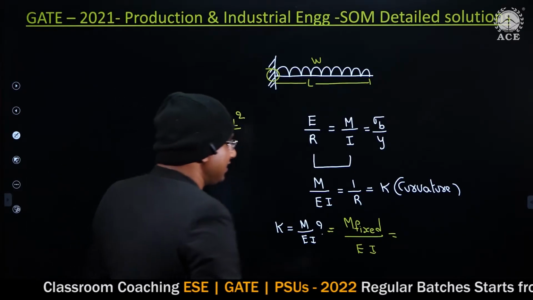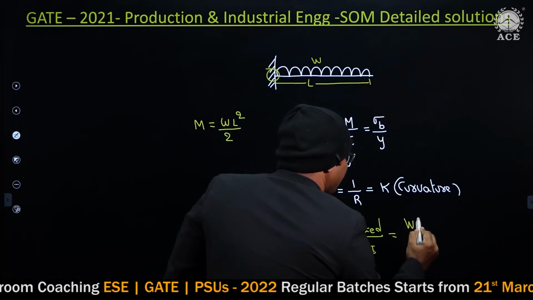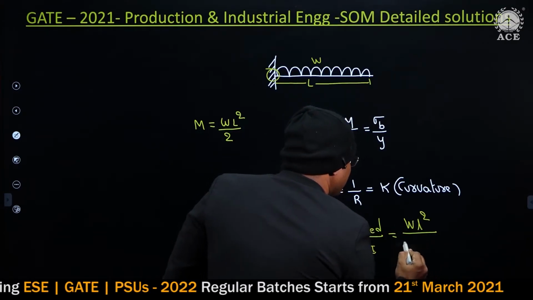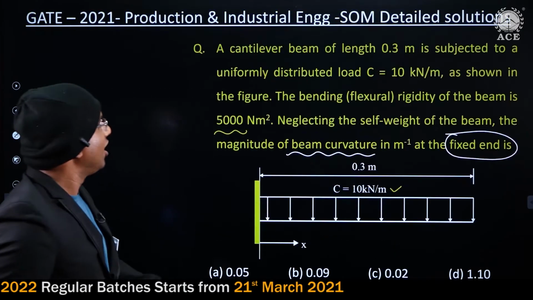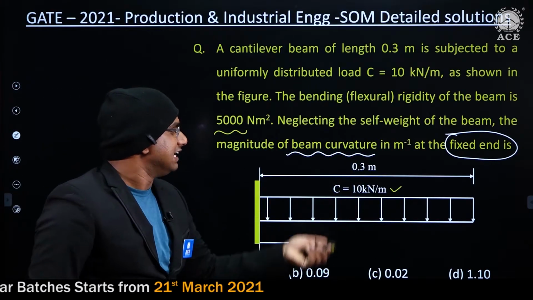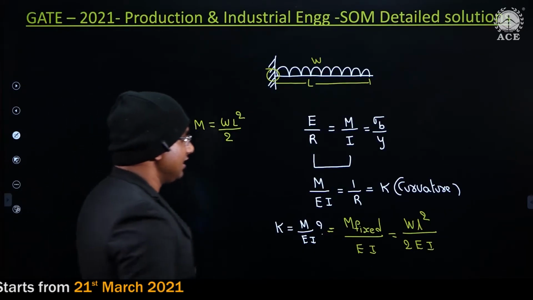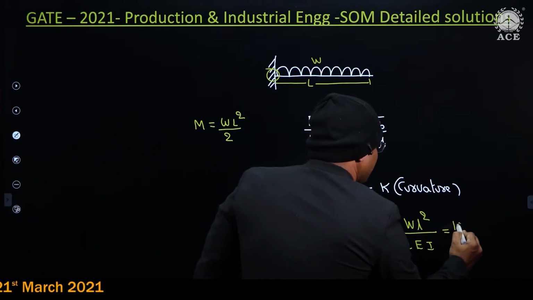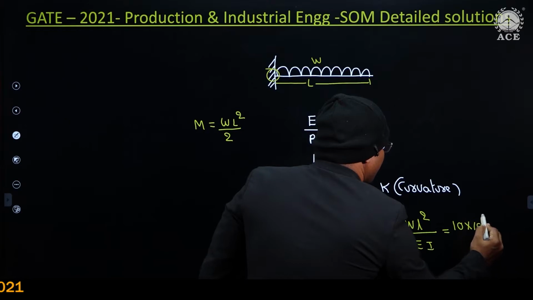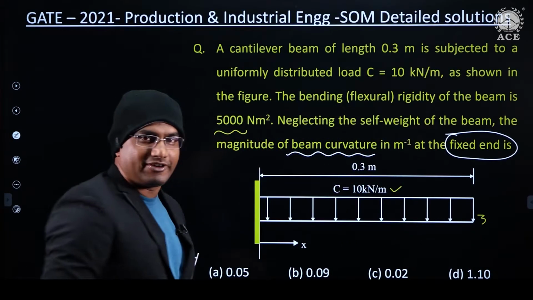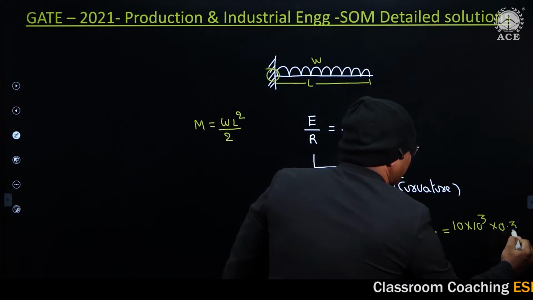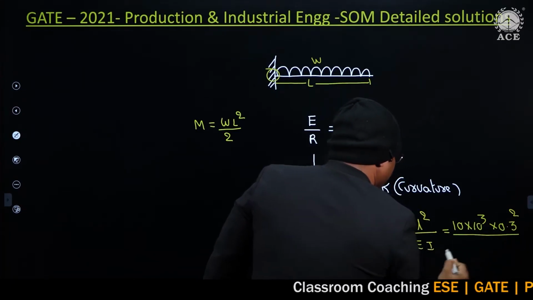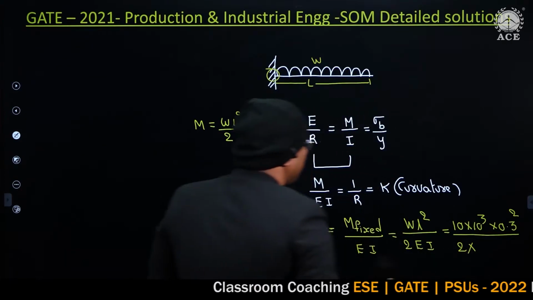So it is WL square by 2 into EI. Now substitute. How much is W here? 10 into 10 cube, because kilonewton is given, multiplied by L square, length is given as 0.3 square, by 2 times EI.